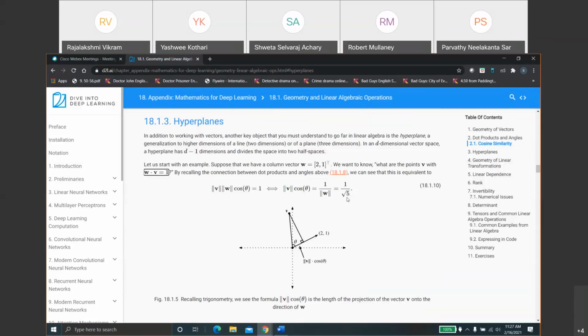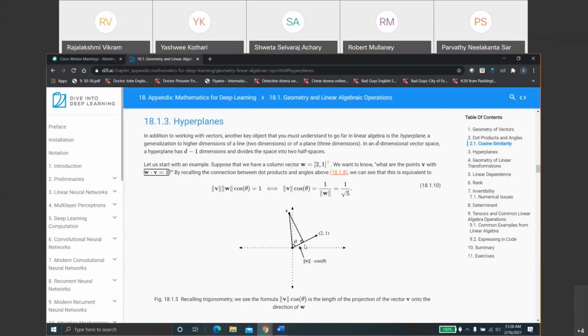Now what is V cos theta? V cos theta is the projection of V on the W vector. So the points whose projection is 1 upon root 5 will satisfy the above condition. When you plot all these points, you will realize that it is a line perpendicular to the W vector.